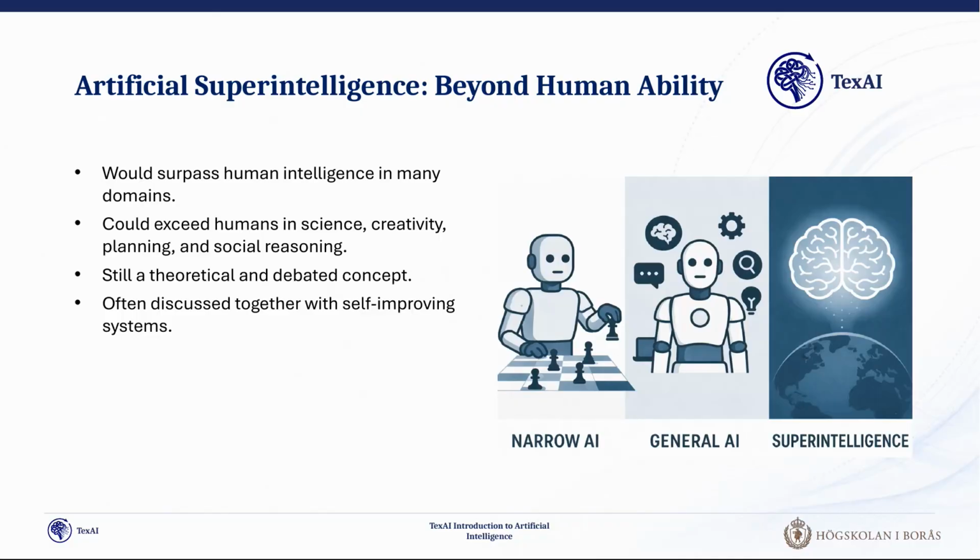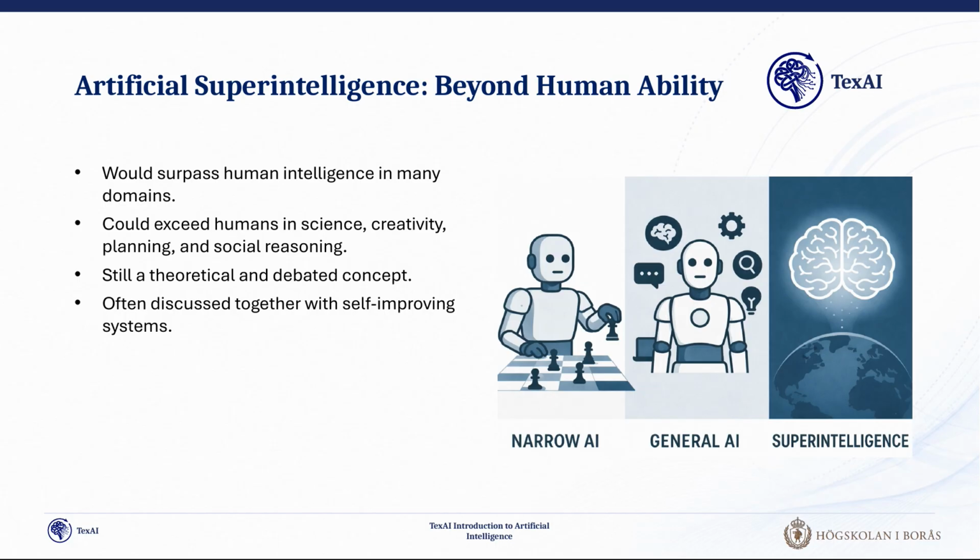Artificial superintelligence refers to a possible future form of artificial intelligence that would surpass human intelligence in many or nearly all domains. This could include scientific reasoning, creativity, strategic planning, social understanding, and problem solving. It is important to present this carefully.